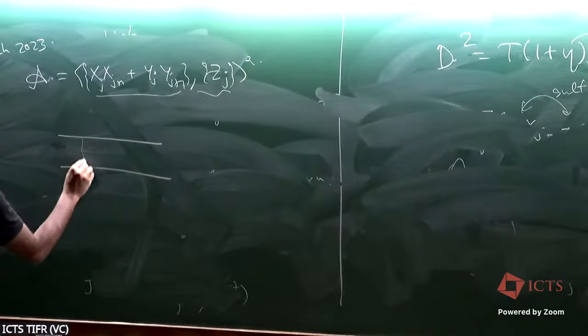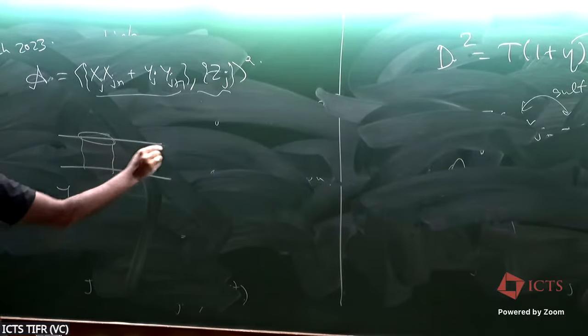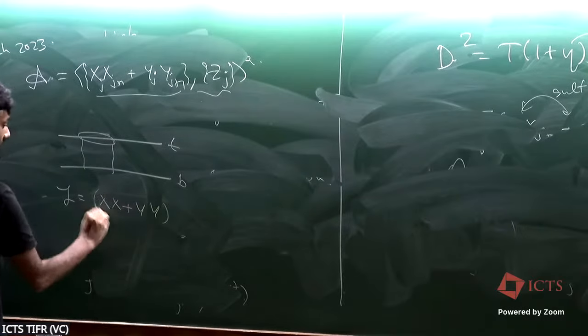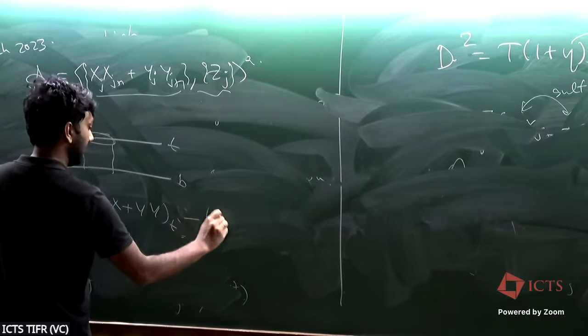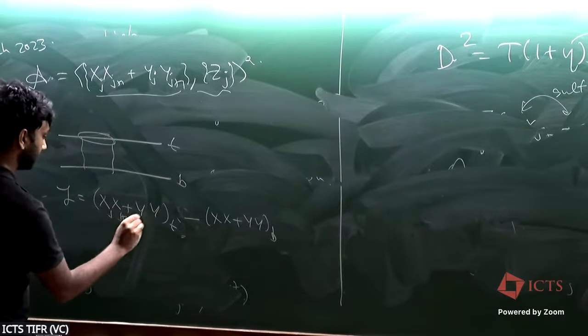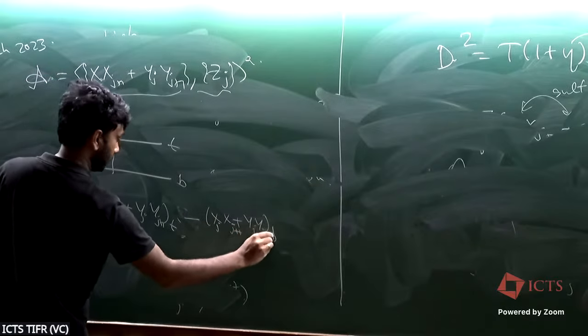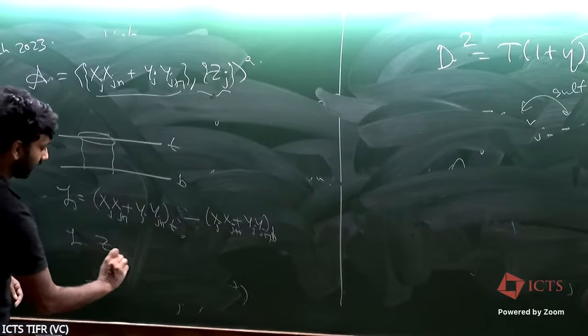Suppose I call these the top and bottom rung. So I have XX plus YY on the top, minus XX plus YY on the bottom with some indices. This is one of the Liouvilleans, and there is also a Liouvillean corresponding to this term, which is just Z on the top minus Z on the bottom.